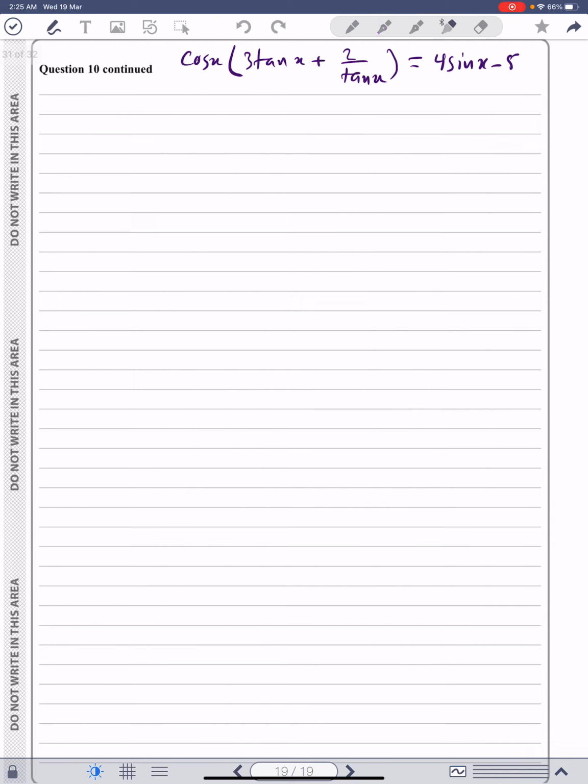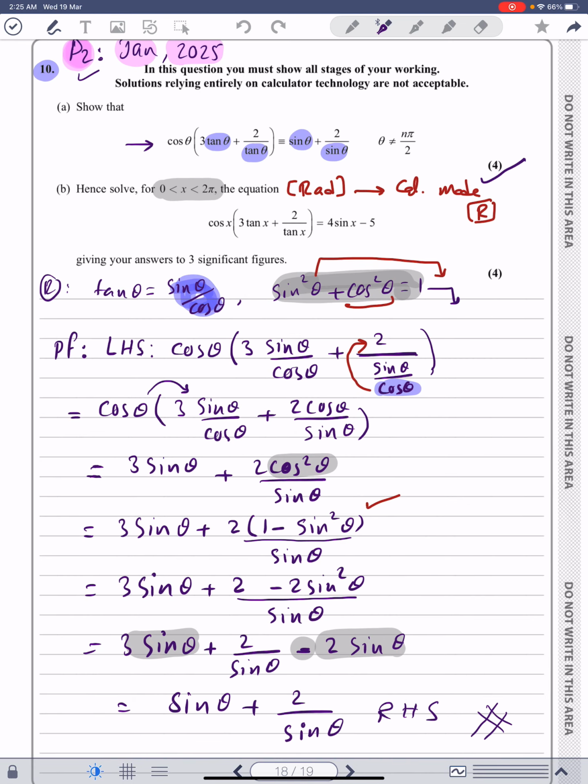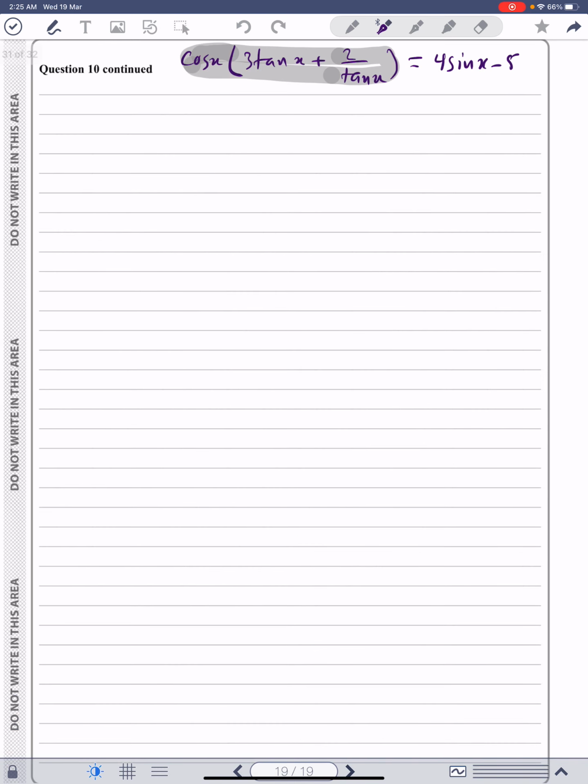By part A, we simplify this, as we proved. So write what you proved in part A but in terms of x, which gives sine x plus 2 over sine x equals 4 sine x minus 5.